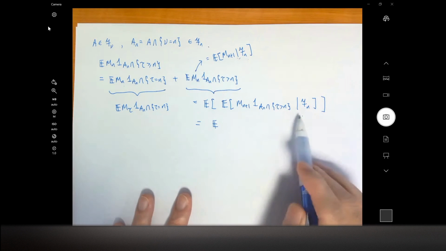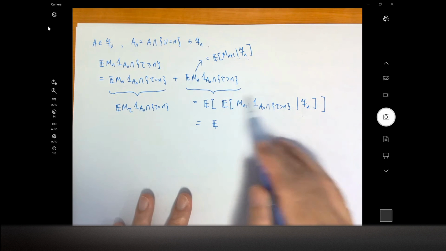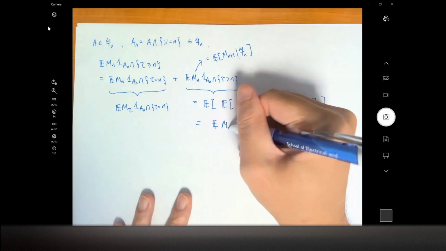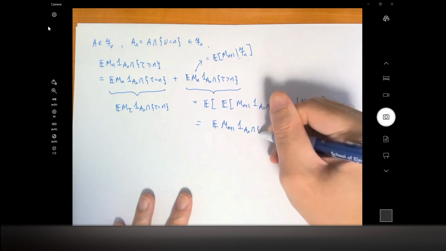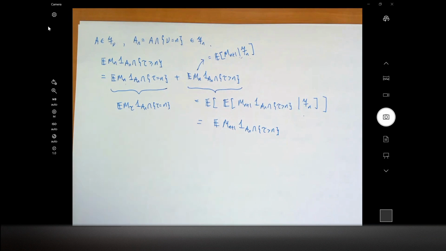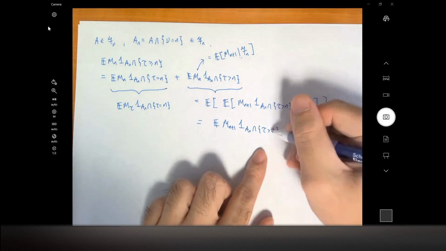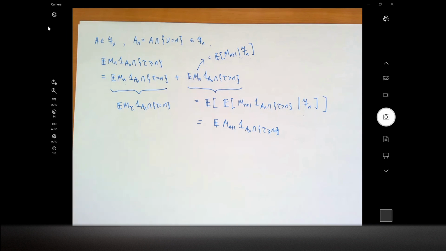Also, tau strictly bigger than n is the same as tau bigger or equal to n plus 1, because tau is an integer-valued random variable.